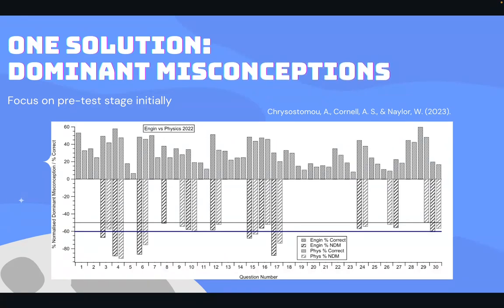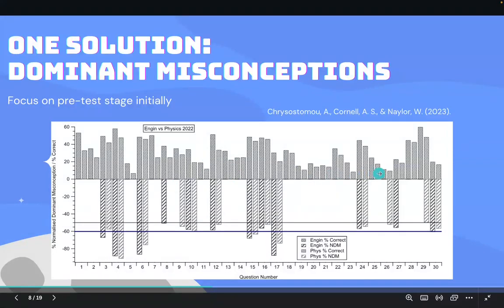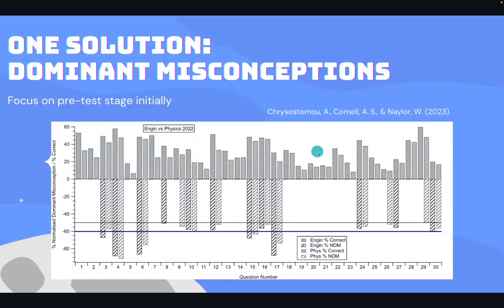One solution to the time issue is just to focus on the pre-test stage initially, such that you can update your teaching. So here is a snapshot of all 30 questions, and this is for two cohorts, the engineering-based cohort and a physics-based cohort. On the positive y-axis, these are the percentages of correct scores.